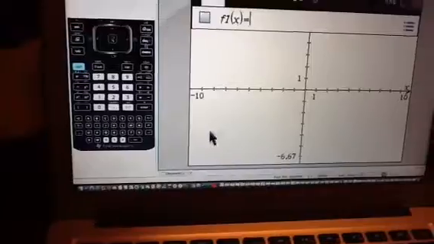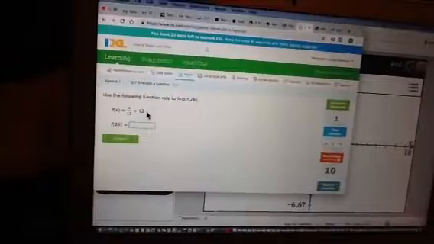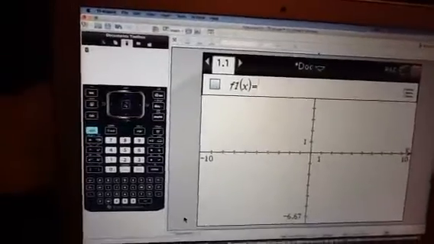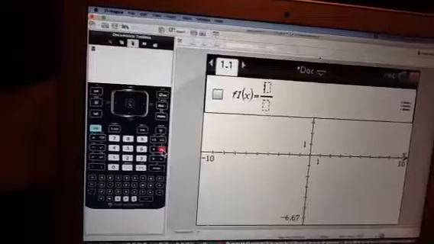So let's take a look back and see what our problem was. It says x divided by 13 plus 12. Okay. So I'm going to type that in just as it appears. So I'm going to press Control Divide.